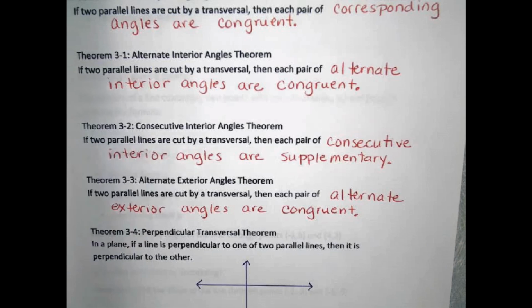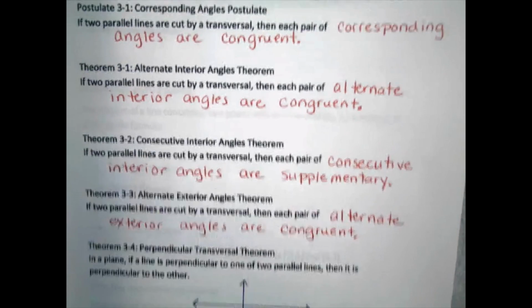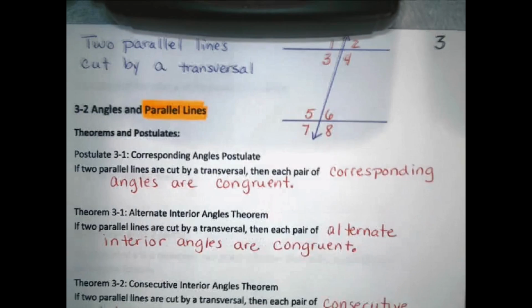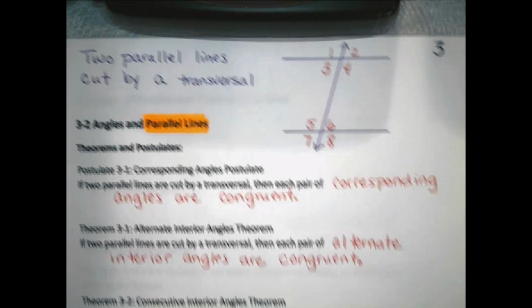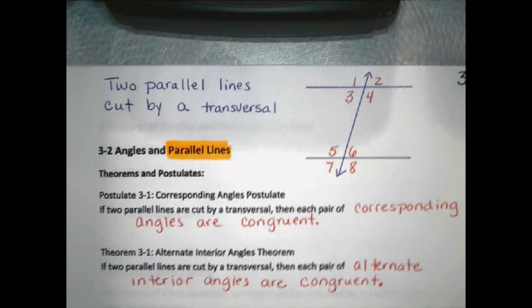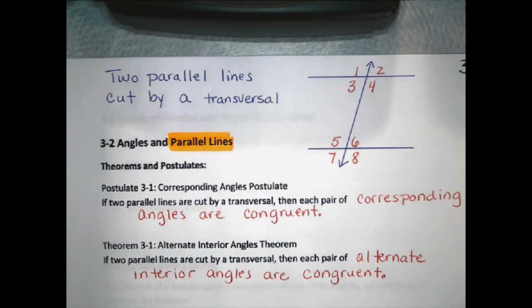We're now going to move on and talk about special situations of two parallel lines cut by a transversal. We will name all of these angles just as we did when we had two lines cut by a transversal. Making them parallel doesn't change any of the naming conventions. However, there are several postulates that are very important to know that we will use frequently in geometry.